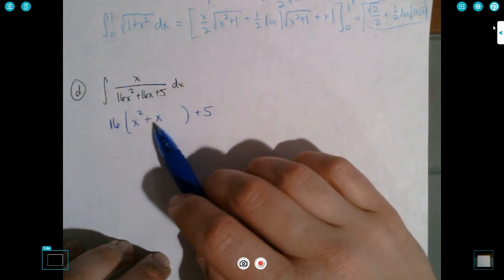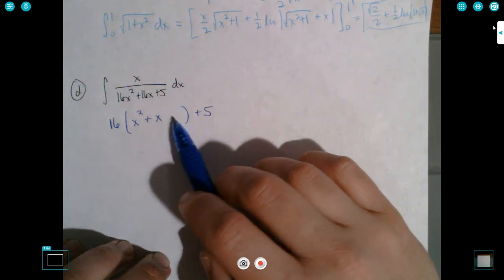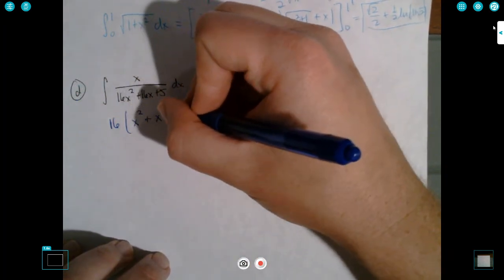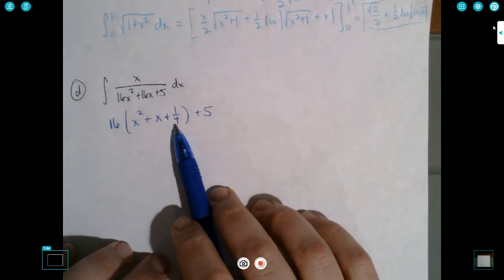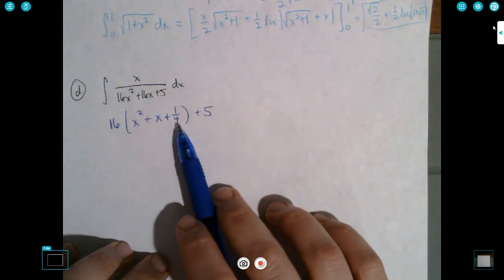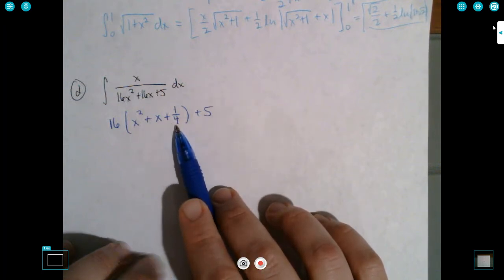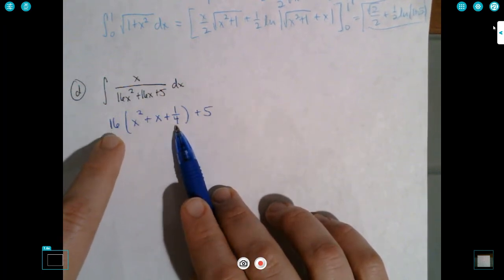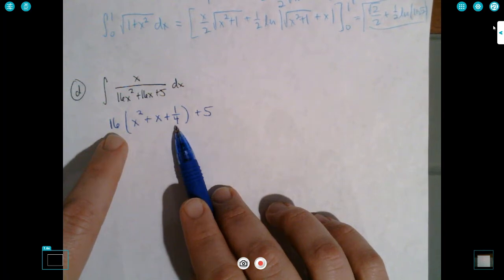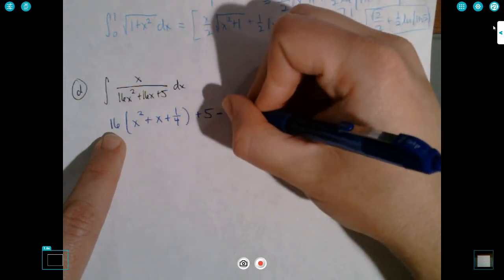Half of b is 1/2, and 1/2 squared is 1/4. So I really need to add 1/4. But I can't add 1/4 without balancing it out over here. And by the way, I didn't really add 1/4, did I? I added 16 times 1/4, which is really 4. So I really added a 4. In order to balance that, I need to subtract a 4.